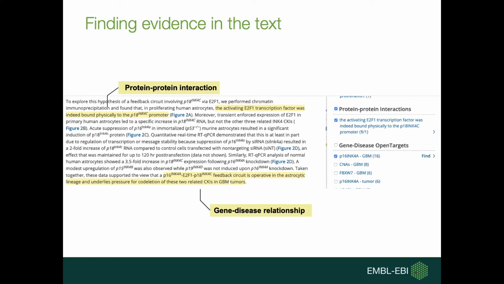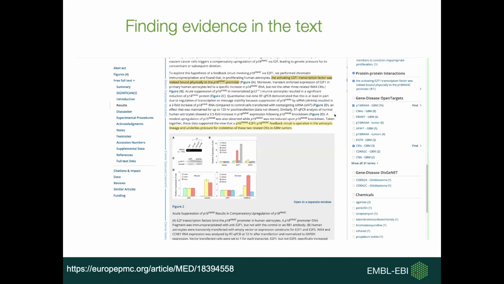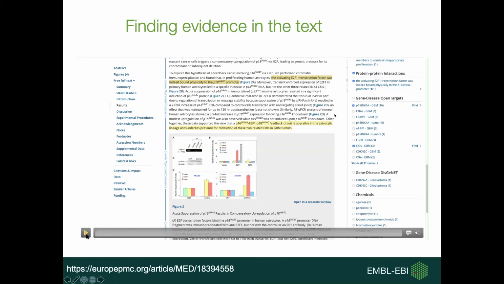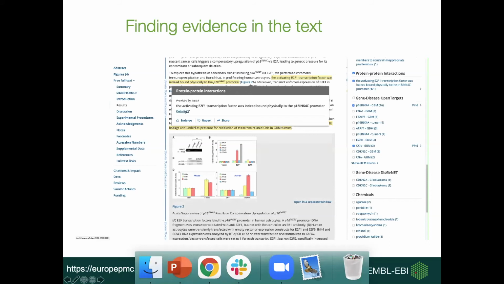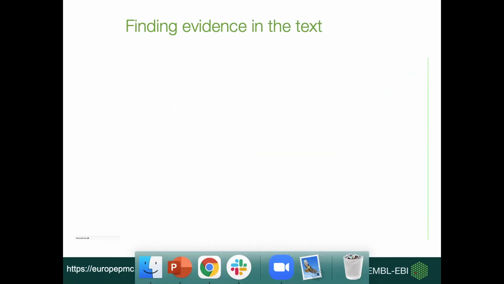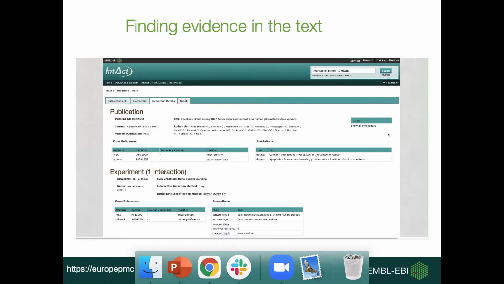In the second one, we find information on how the interaction of E2F1 and the P18 promoter relates to human glioblastoma tumors. So let's again play another video. Here, if you click on the annotation again, you see a pop-up menu. They will link to the resource with additional description.